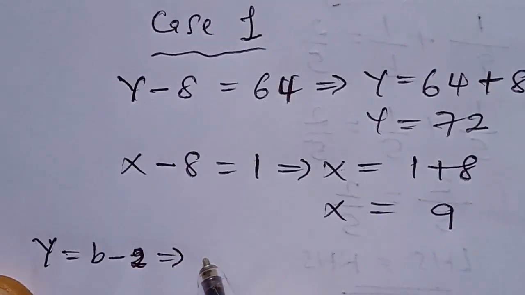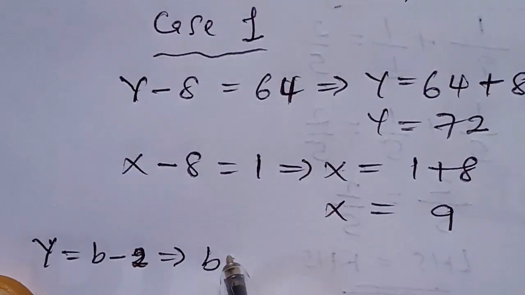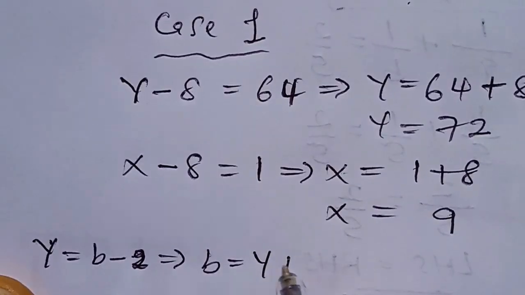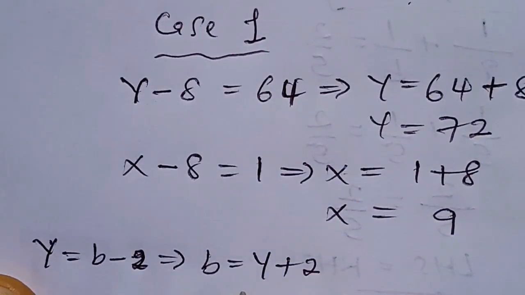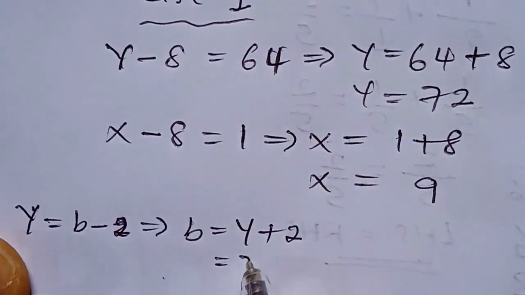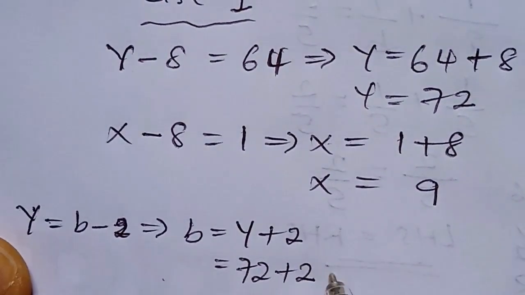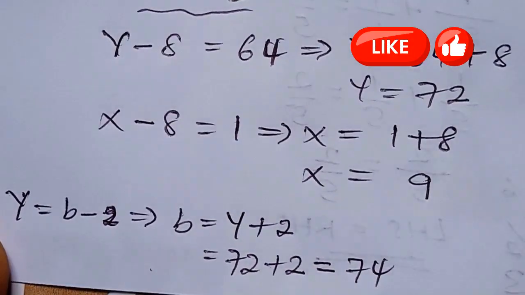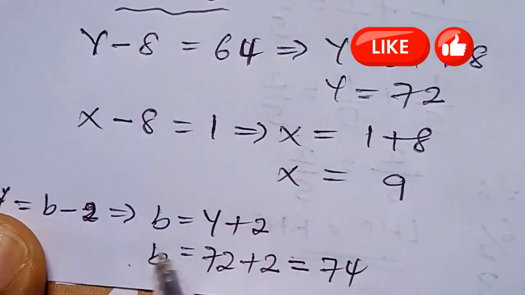So this implies that b will now be equal to y plus 2. So if we substitute that, we have y to be 72, then plus 2, and that will give us 74 for b.